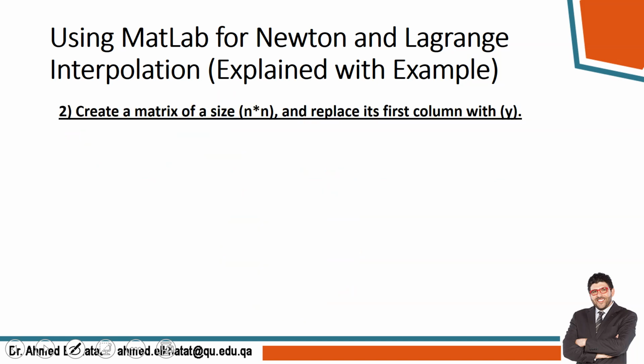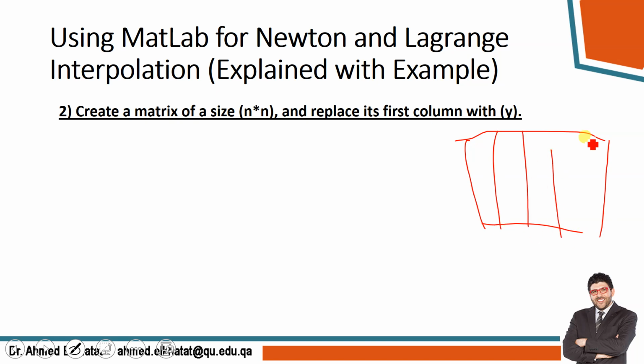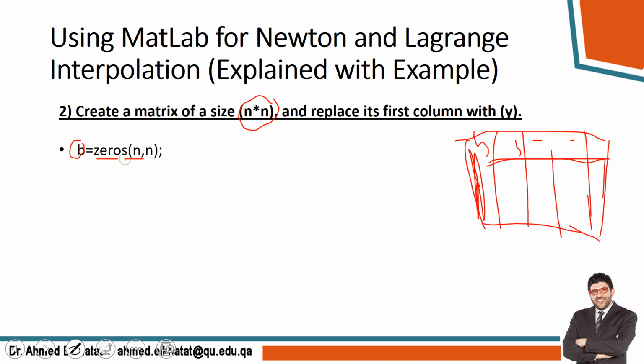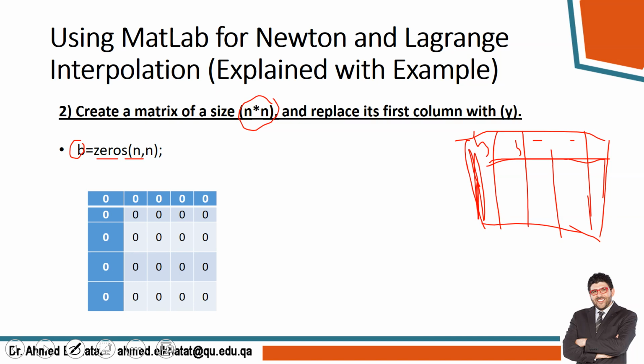Second step, we want to create a matrix in order to put the values of b: b1, b2, until bn minus 1. So we should have a matrix of n times n and replace the first column with y, and the remaining will go until n minus 1. So first we call this b equals zeros(n, n), and this function will create this matrix.